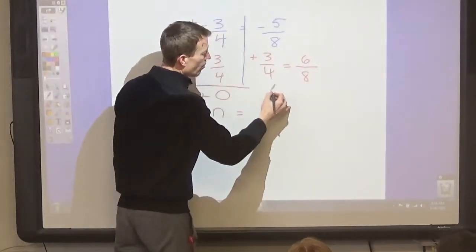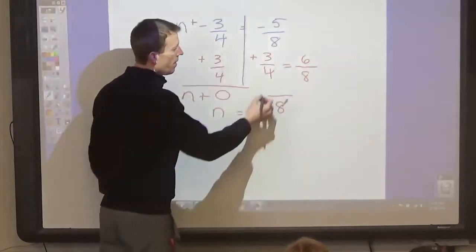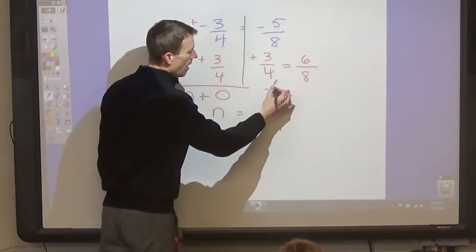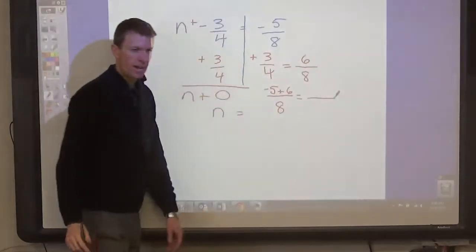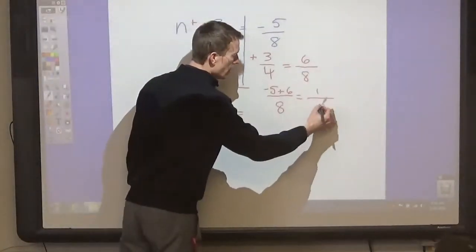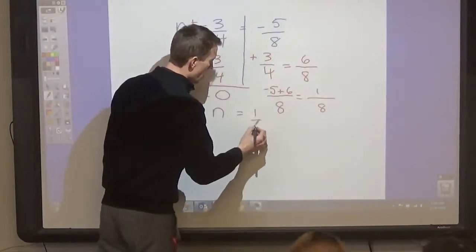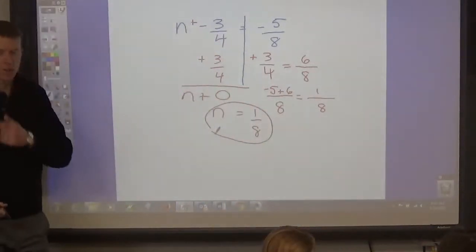Or we could rewrite this as just 8 as the denominator and then negative 5 plus 6. What is that? 1/8. Yep. So n equals 1/8. Okay. Any questions on that?